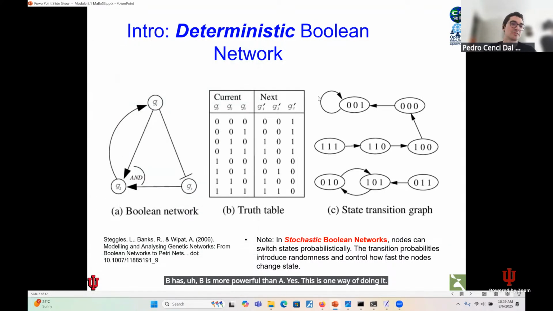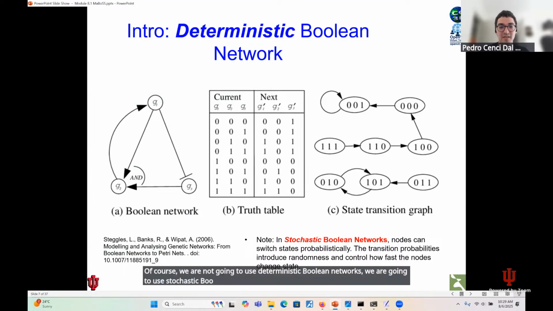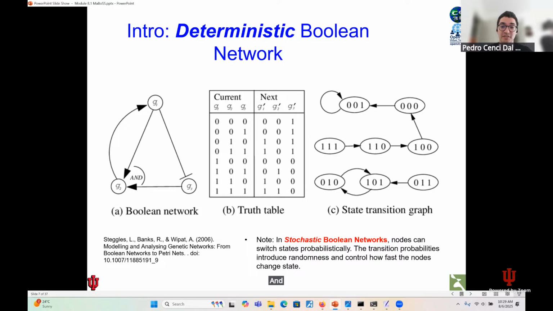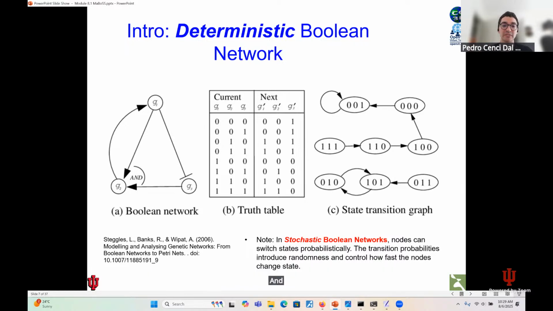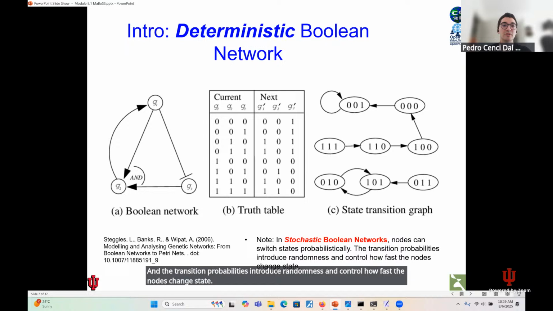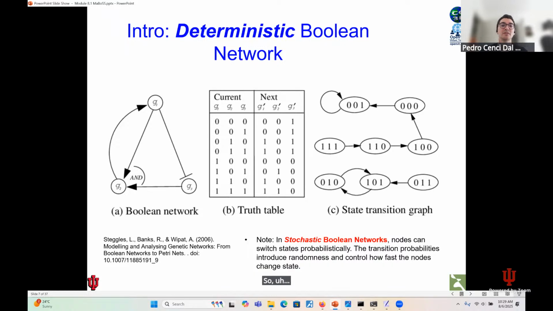Of course, we are not going to use deterministic Boolean networks. We are going to use stochastic Boolean networks. The difference here is that in stochastic Boolean networks, the nodes can switch state probabilistically. The transition probabilities introduce randomness and control how fast the nodes change state. So time here is not as discrete, let's say.